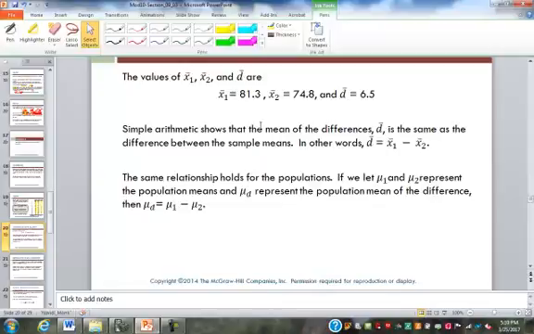So we have to go through and perform the test. Independent samples would not be appropriate because it was the same set of people just done with two different treatments. So we have to use the matched sample. So we're going to be using D bar. Now it's saying here D bar is x1 minus x2. That's not really true. It's going to be each individual item that we're testing, not the difference in the means.